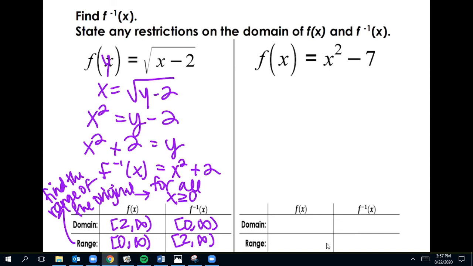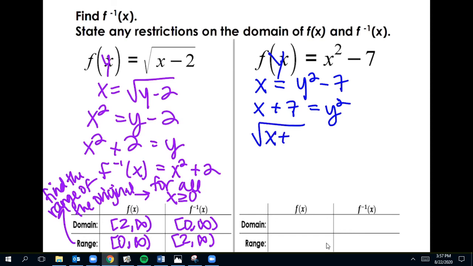Here we have f of x equals x squared minus 7. I'm going to replace that with a y. Say x equals y squared minus 7. We're going to add the 7. Now we're going to square root both sides to get rid of the squared. But when you're solving and you have to square root, that's where you have to do a plus or minus.